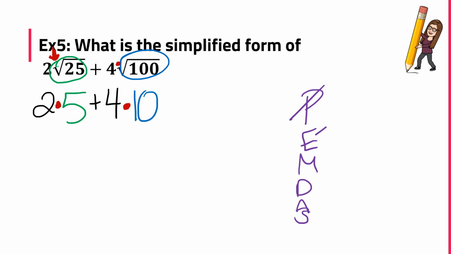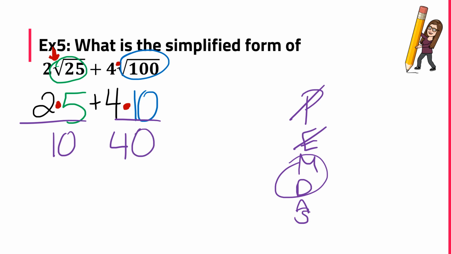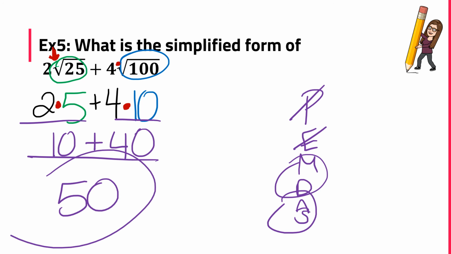No parentheses, no exponents. We need to multiply. 2 times 5 is 10. 4 times 10 is 40. The plus sign falls down. Next, adding and subtracting, we get a nice clean 50. Remember, if you need help with simplifying expressions, see our previous videos.